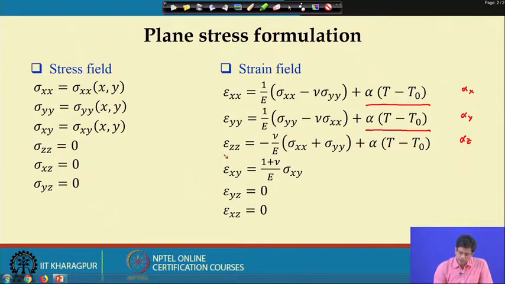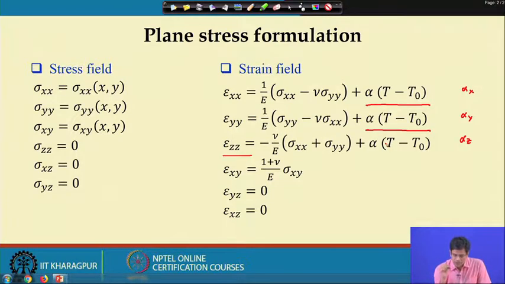Now, here the epsilon zz will be there because of the Poisson's effect, and how to derive this you have already known from your three-dimensional stress strain relation, where probably you have calculated what will be the epsilon z. So, I just put the epsilon xx and epsilon yy in the three-dimensional strain equation, and then finally we got this.